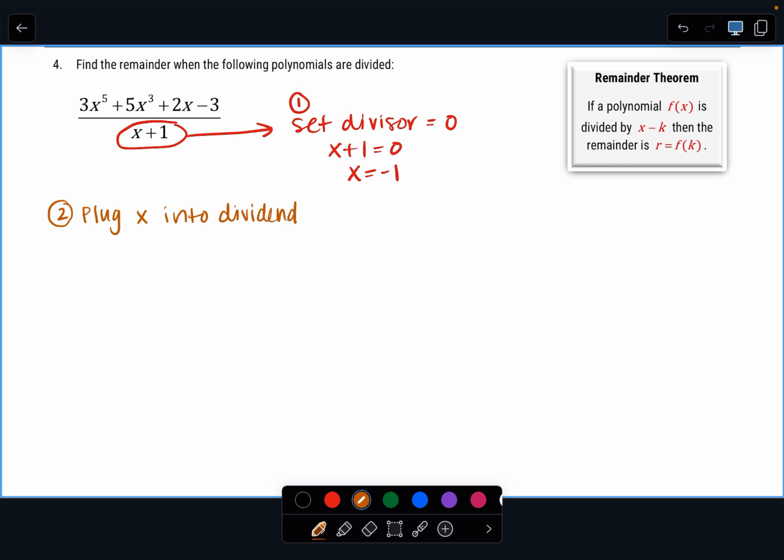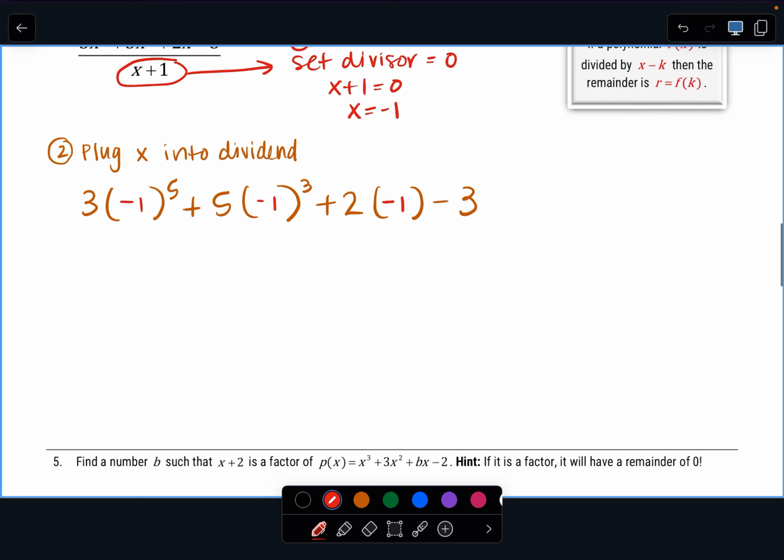So basically, I just got x equals negative 1. And so everywhere I see an x in my dividend, I'm going to plug in negative 1. Now we just solve.